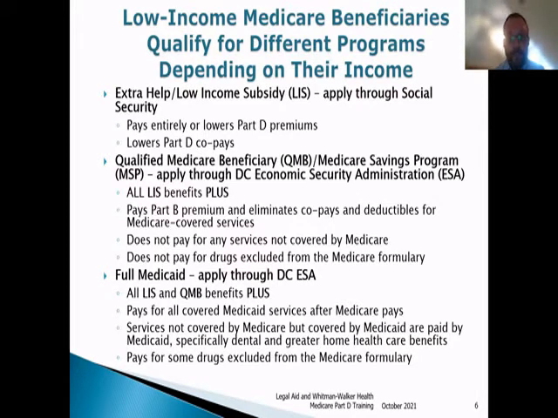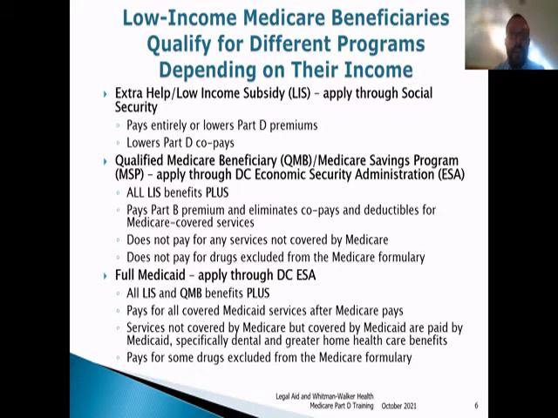So people in Washington, DC who are enrolled in QMB are automatically enrolled in the low income subsidy. They do not have to apply separately. So QMB gets people all of the low income subsidy benefits that I just went over. But in addition to that Part D cost sharing assistance, QMB also provides cost sharing assistance with their Medicare Part B premium, that $148.50 that I mentioned a couple of slides ago.